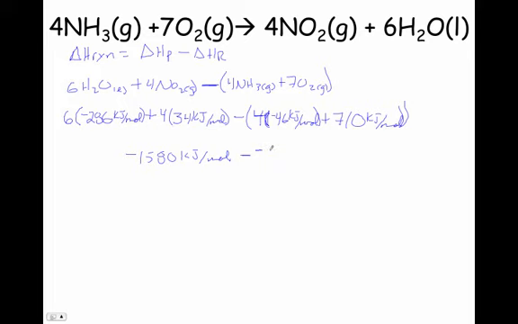So minus negative 184 kilojoules per mole. And so if we take the negative 1580 minus the negative 184, we get negative 1,396 kilojoules per mole.